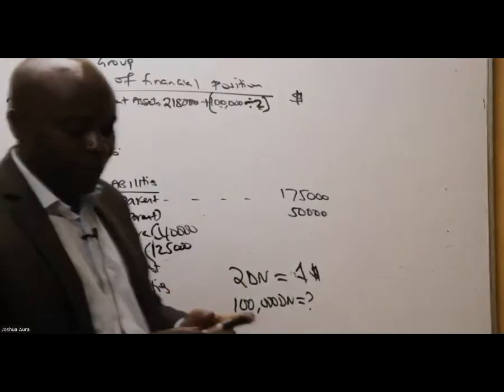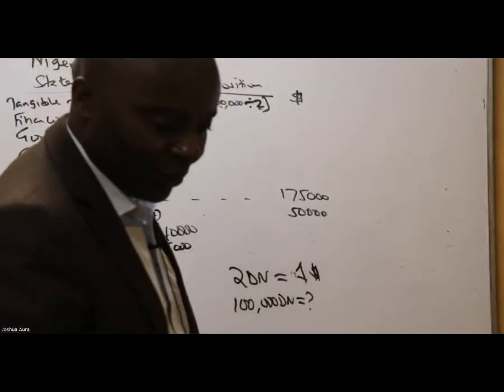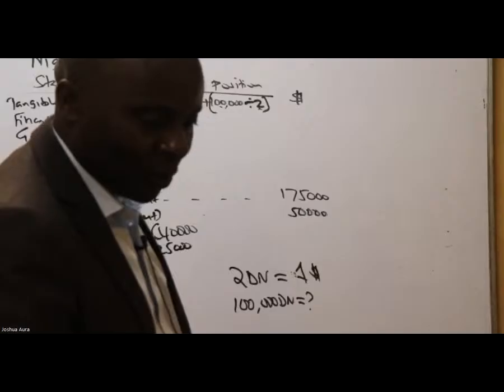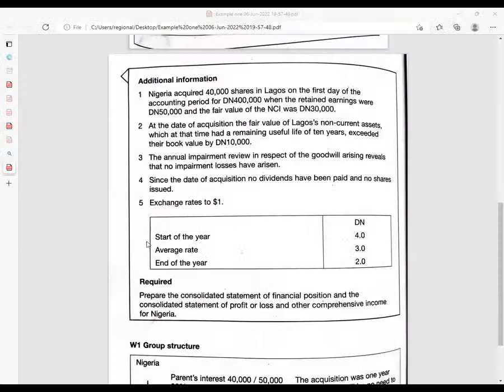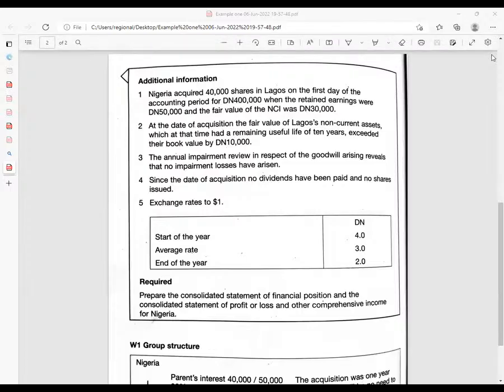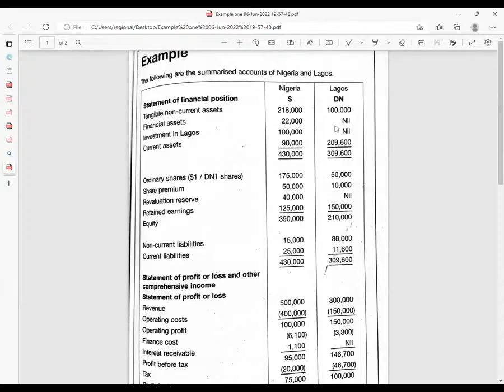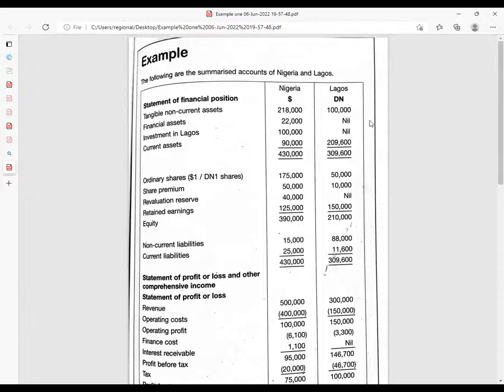Great. Now continue here. Go to the next item. What we have in the next item is the financial assets. This is basically a free mark thing, because it is 22,000 plus 0. I love free marks in group consolidation.